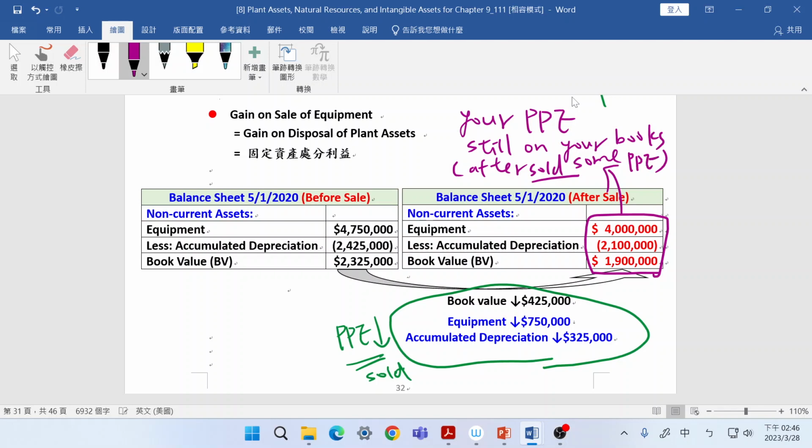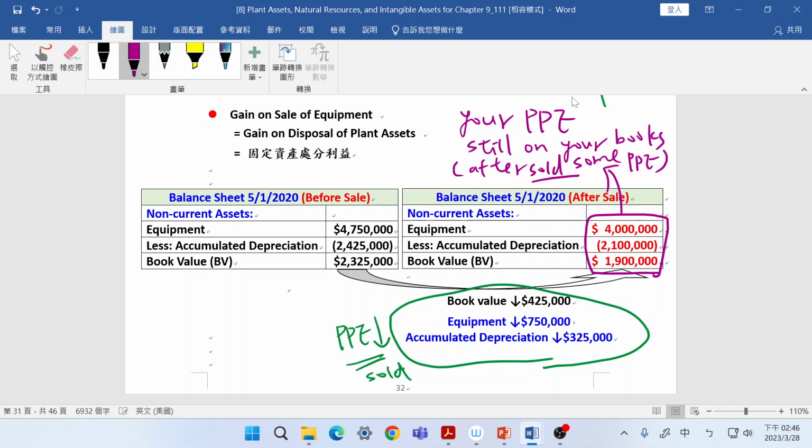Okay, any questions? Right? I had the PP before. I sold some PP, so that's the remaining I still have. Any questions? No problem? Okay.